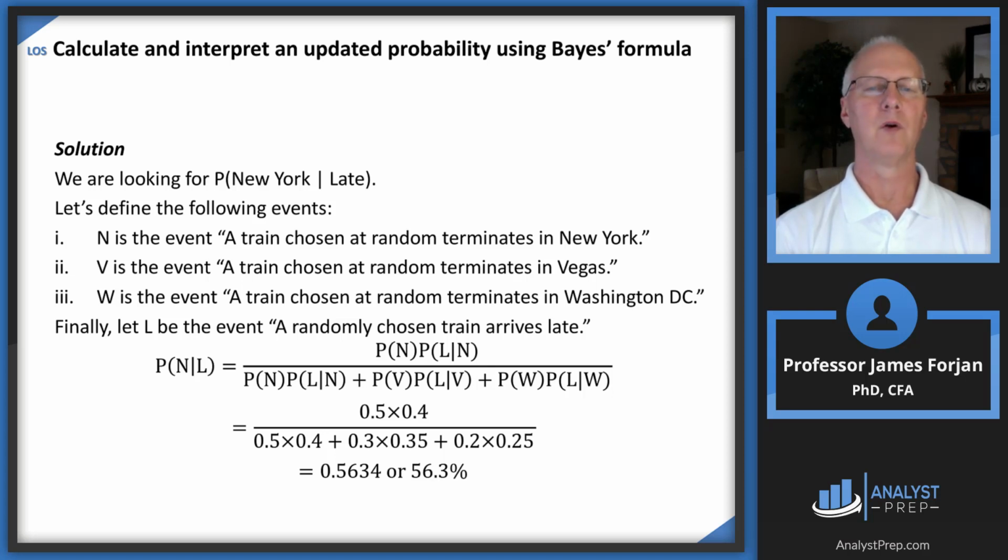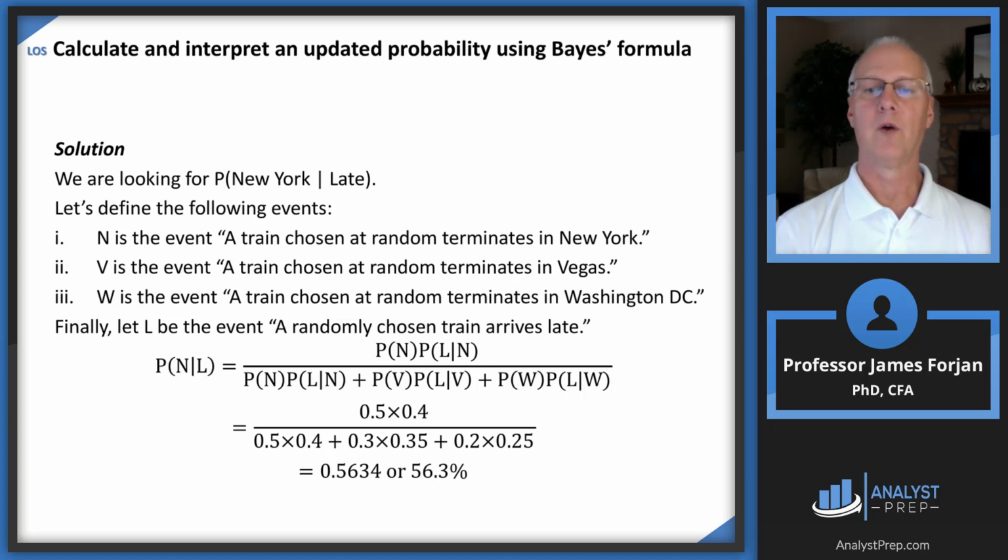So we're looking at the probability that it arrives in New York and it's late. Let's use L as the notation for a randomly chosen train arrives late.